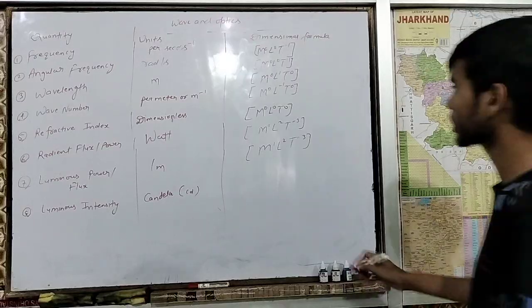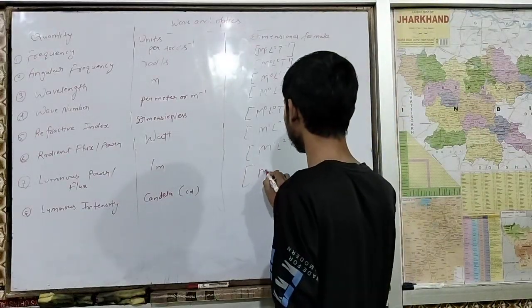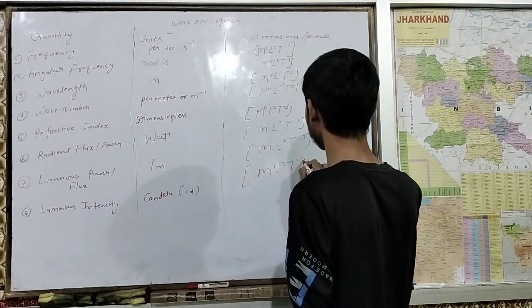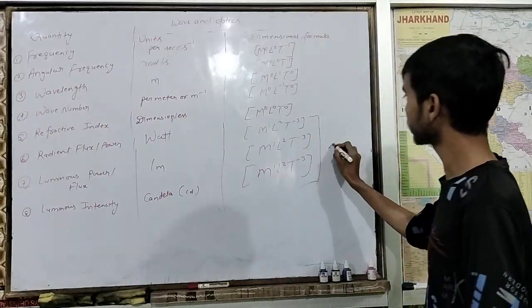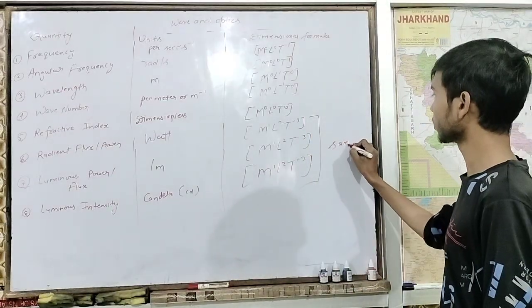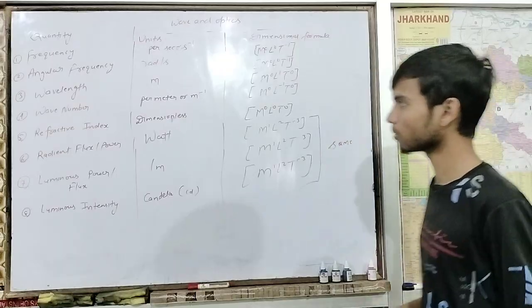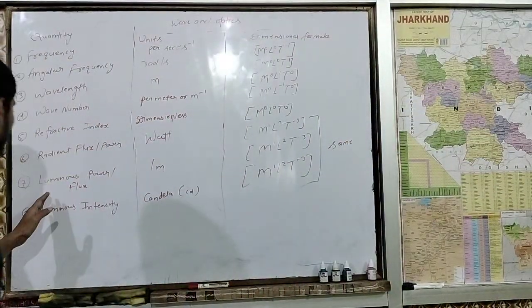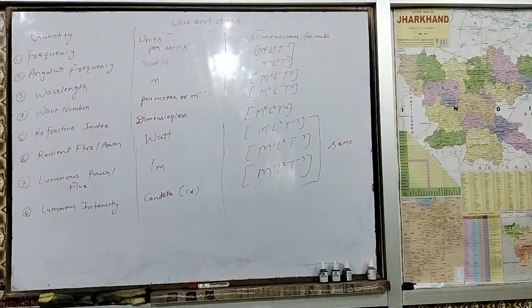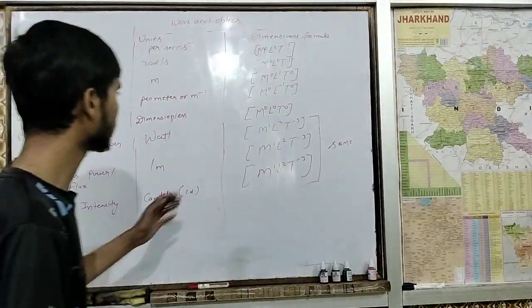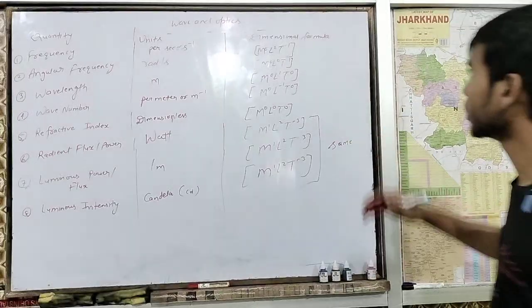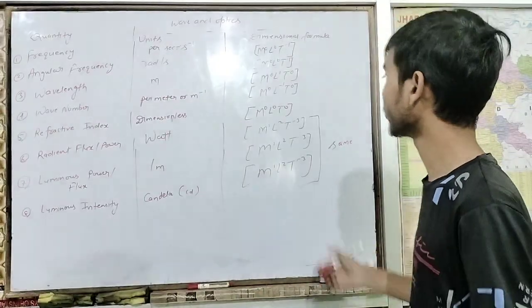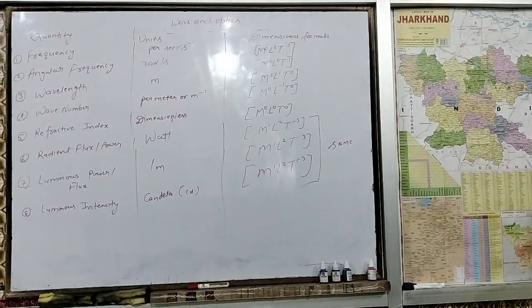So remember one thing: all these three will be equal. Radiant flux, luminous flux, and luminous intensity will all be equal in order to find the dimension formula. All these are clear.